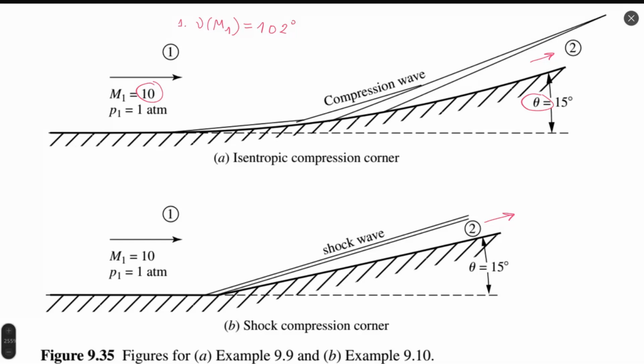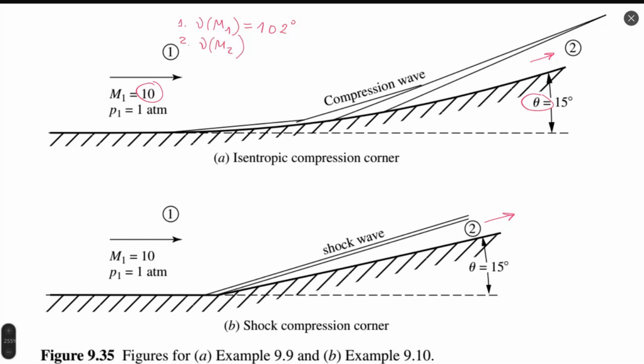Don't forget, it's given in degrees in appendix C. And I would like then to calculate the Prandtl-Meyer function on the exit, M2, my nu of M2.